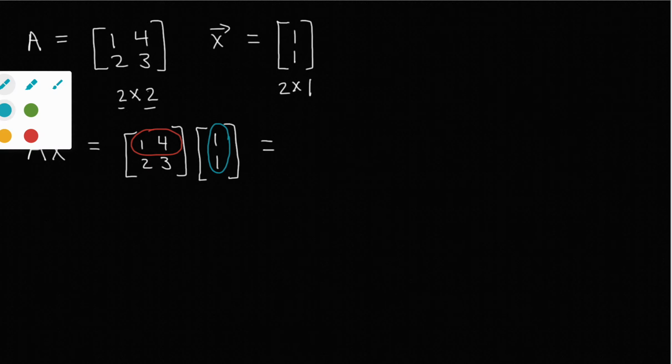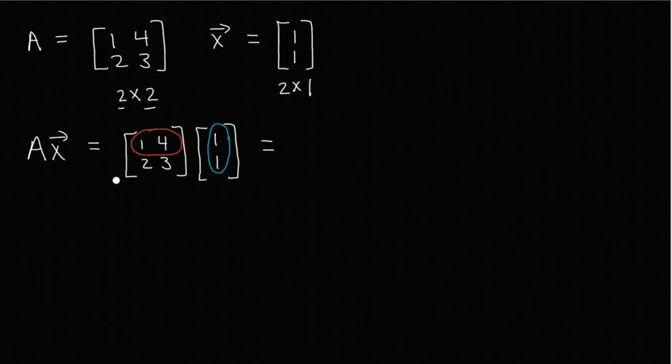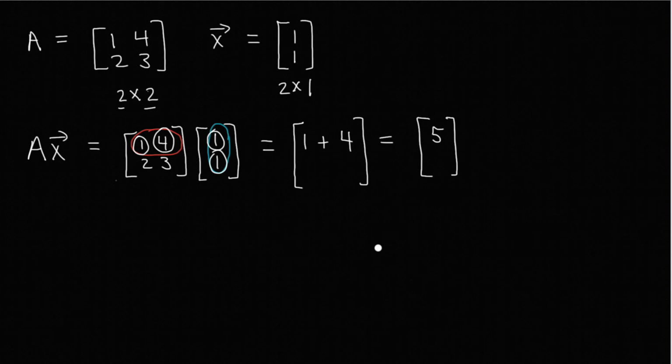So now we can multiply this row by this column, and the way that we're going to do it is component-wise multiplication. So we'll do 1 times 1 first, and that will give us 1. And then we'll do 4 times 1, and that's going to give us 4. And if we do 1 plus 4, we get 5. So that'll be the first component of our matrix product.